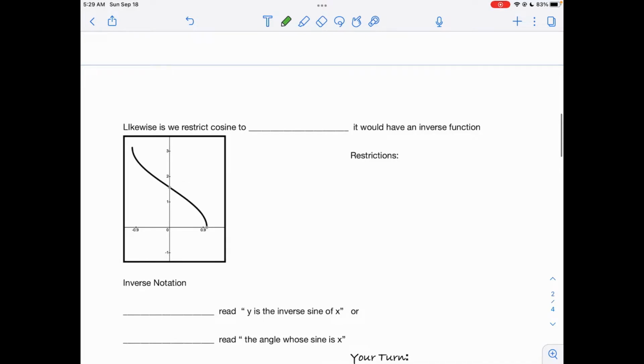So likewise, we can restrict our cosine function. When we have y equal to the inverse cosine of x, our domain is going to be from negative 1 to 1, and our range is going to be from 0 to pi inclusively.